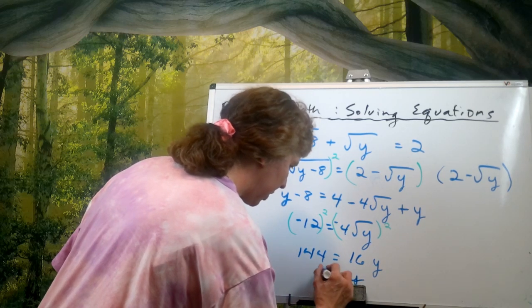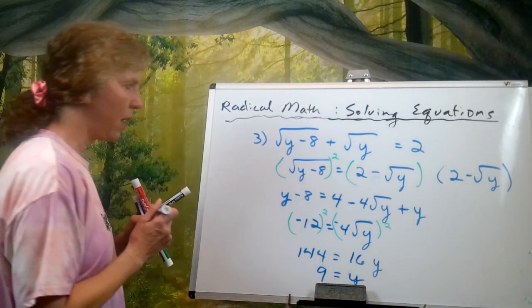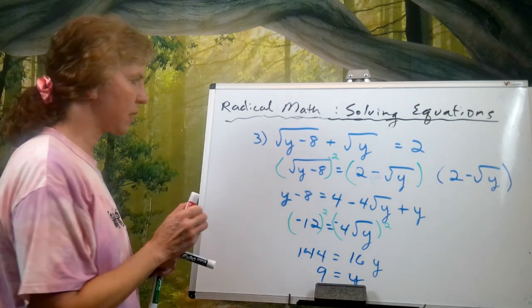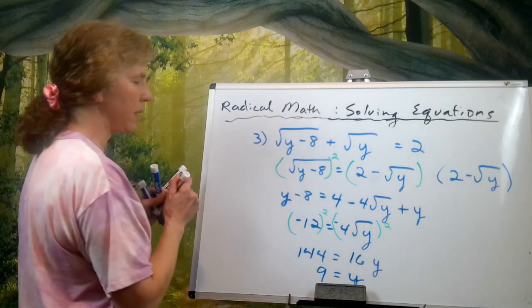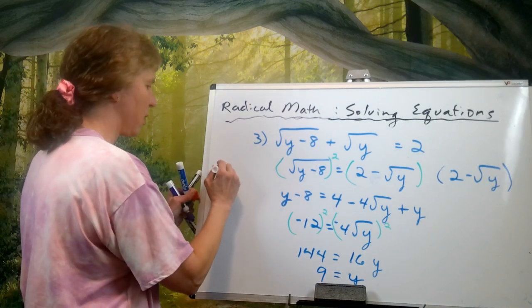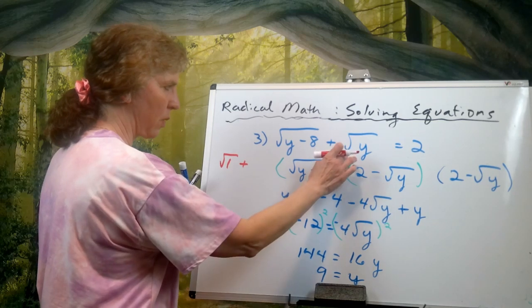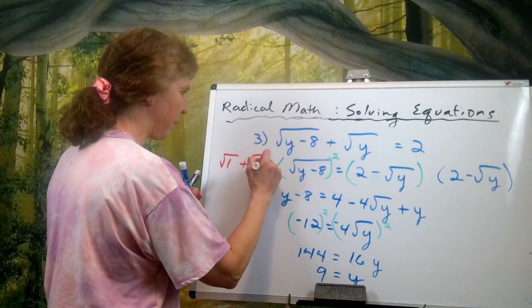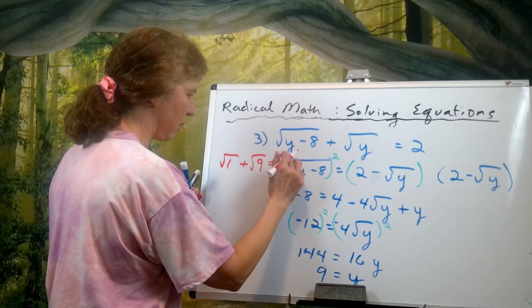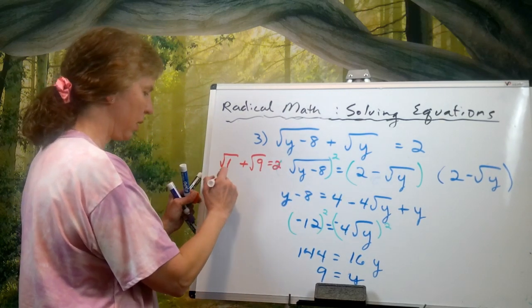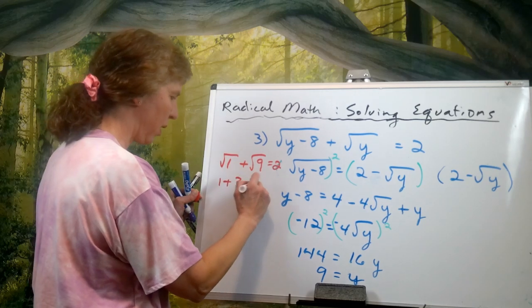Sorry, got a bit squishy there. Okay, let's check it back into the original and make sure that it works. So 9 minus 8 is 1, the square root of 1, plus the square root of 9 equals 2. Oh, sorry, running into that. Okay, so 1 plus 3 equals 2.